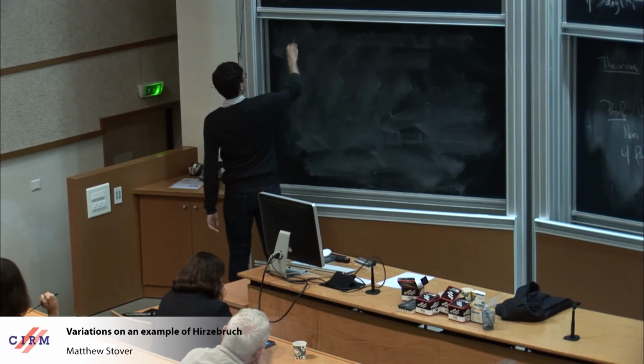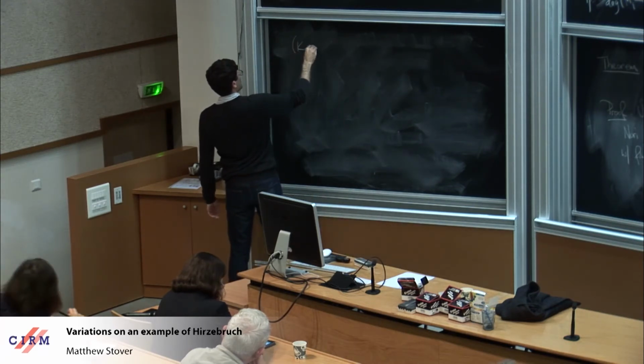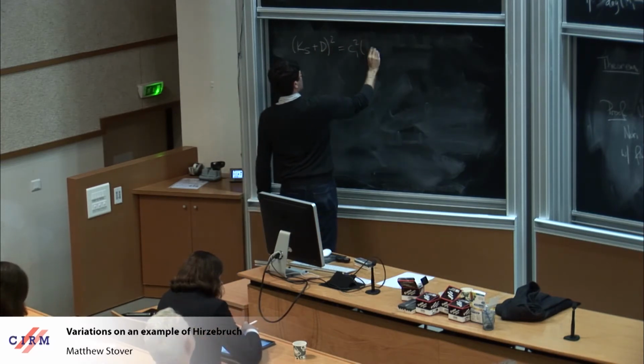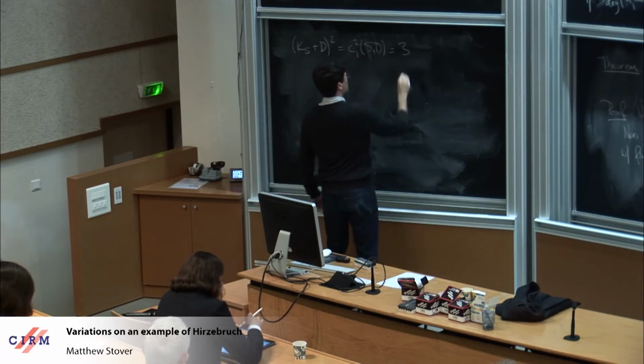But you also have that (K_S + D) squared, this is c1 squared of S, D, is equal to 3.